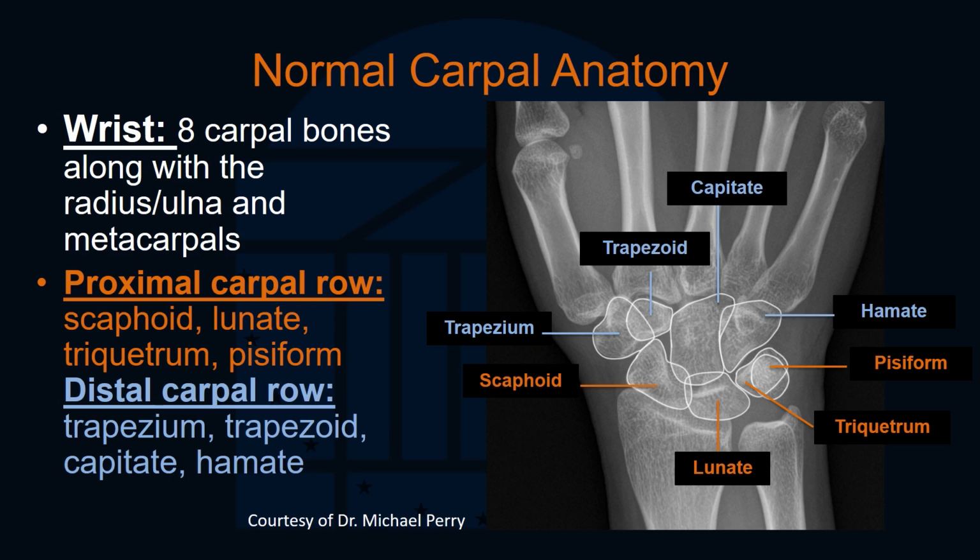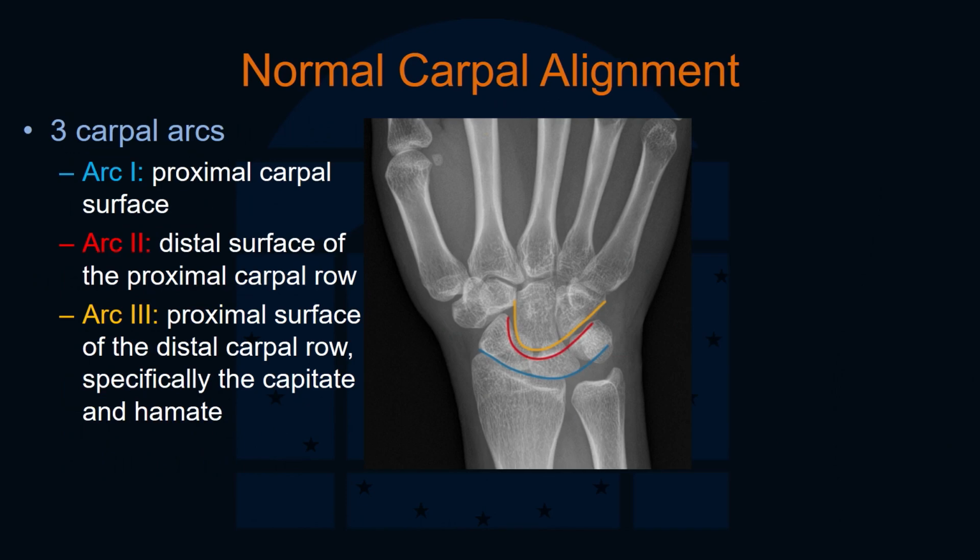The wrist is not a single joint. It is made up of many articulations forming two carpal rows, proximal and distal, as outlined here. So we're going to go over some radiographic things to look at. On the frontal radiograph, we should look at the three carpal arcs, which should be congruent.